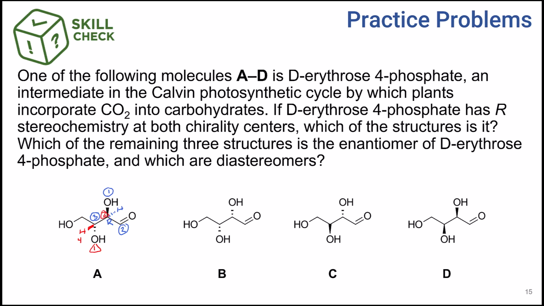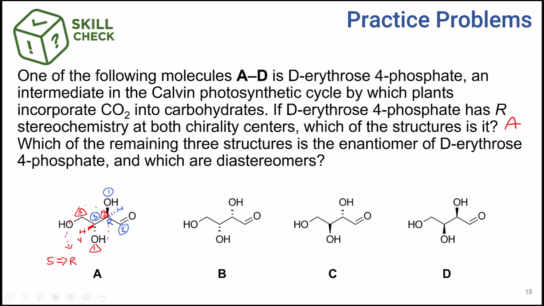Gets kind of messy here. This will be 3. If I draw my circle here, it's going counterclockwise, which would make it an S, but because that 4 is wedged, this one is R. A is the structure of that one, so I'll put A there. That one is D-erythrose 4-phosphate.